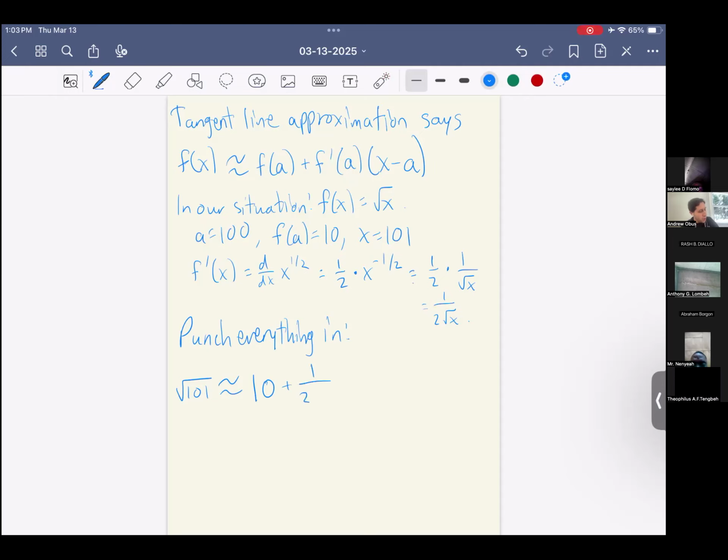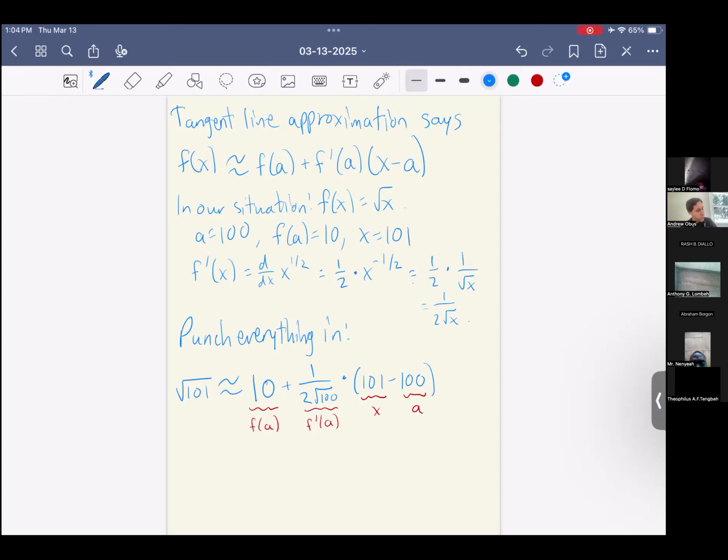So that's 1 over 2 times the square root of 100, and then times 101 minus 100. Okay, I'm going to label every term here. This is f of a, this is f prime of a, and this is x, and this is a. So tangent line approximation is we know the value of f at a, we want to learn the value of f at some nearby point x.